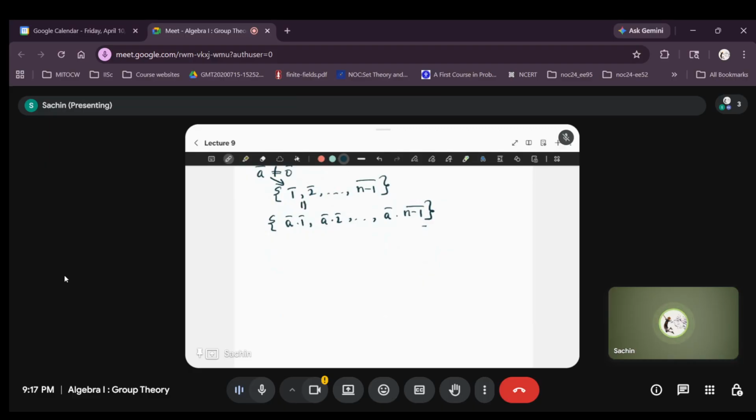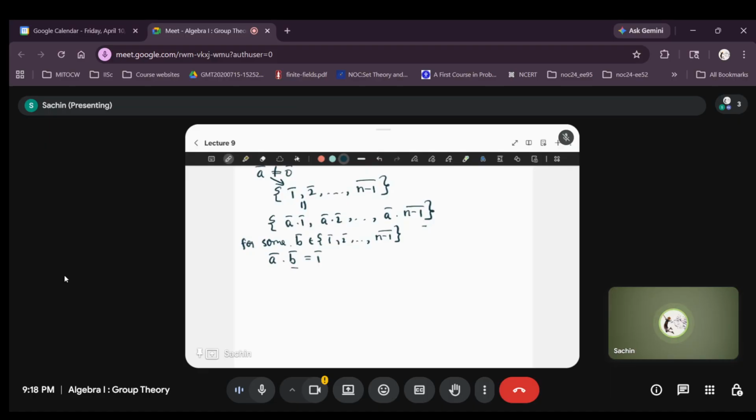So these two sets are equal. That means that for some b bar in the first set, a bar times b bar must be equal to 1 bar. Because one of these elements has to be 1 bar, right? Since it's just a reordering.